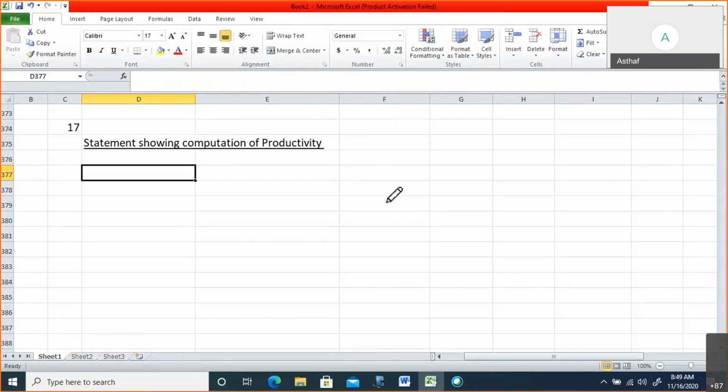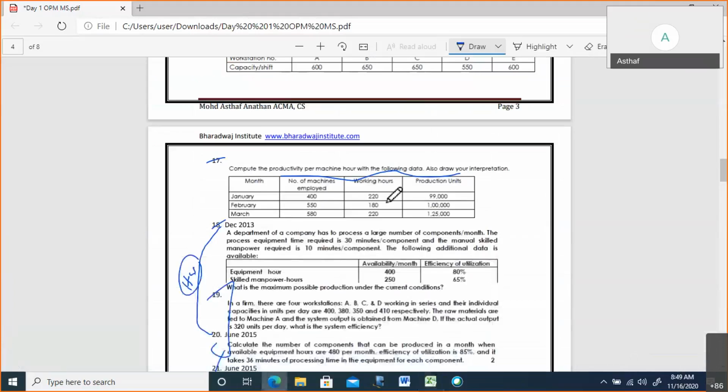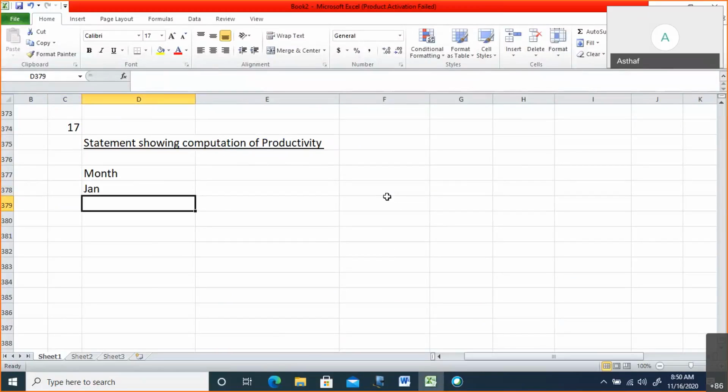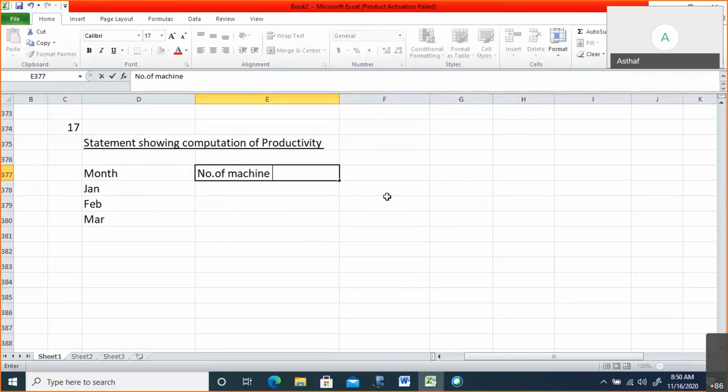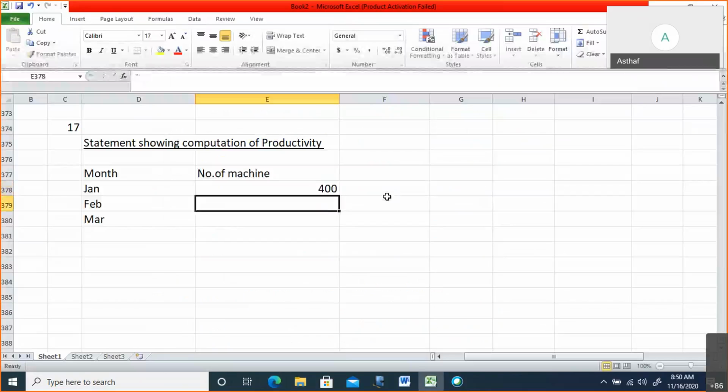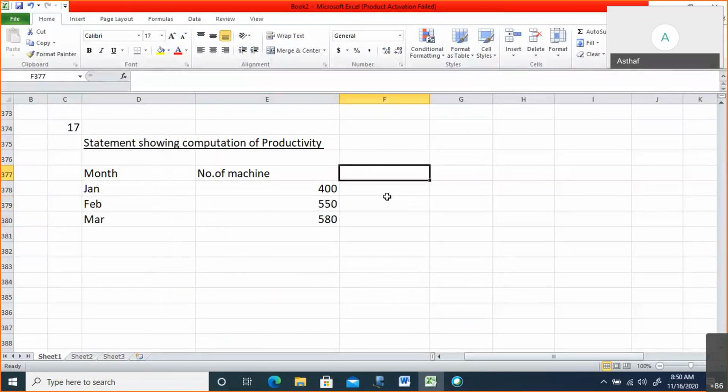Okay, so we will have month: Jan, Feb. Number of machines: we have 400, 550, 580.